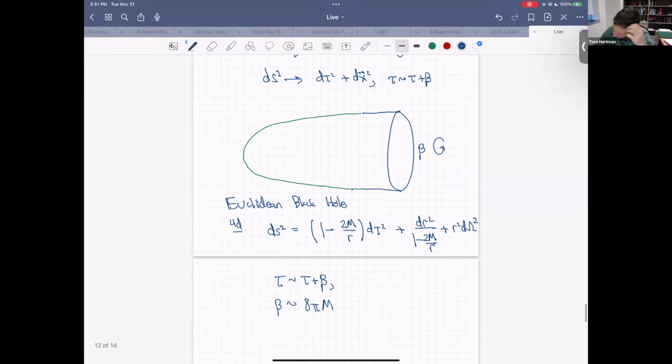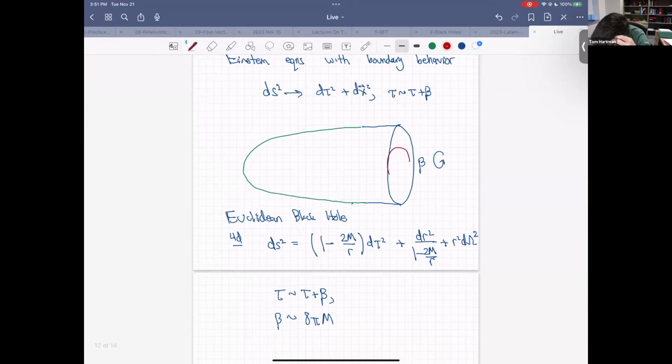In this picture, tau is the direction that goes around the circle because that's the one that's wrapped up. r is this direction. So this point at the tip here is the horizon, the Euclidean horizon, r equals 2m. And then r is the direction along the cylinder.